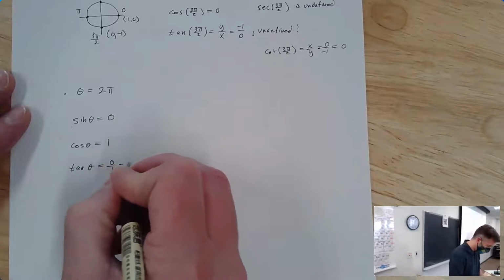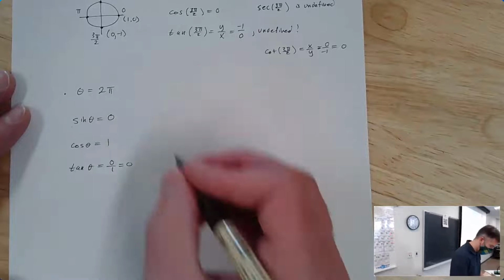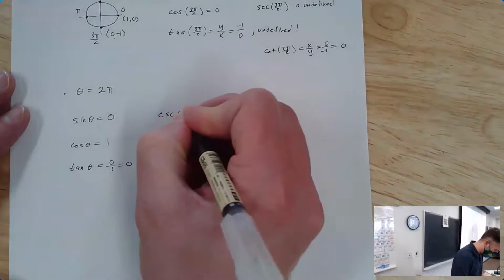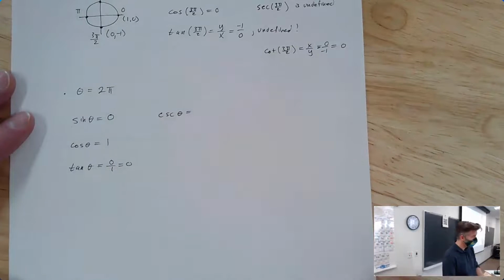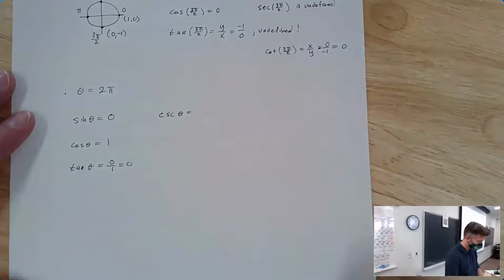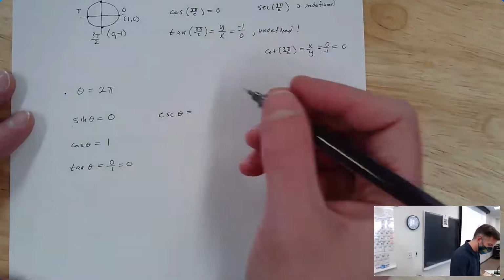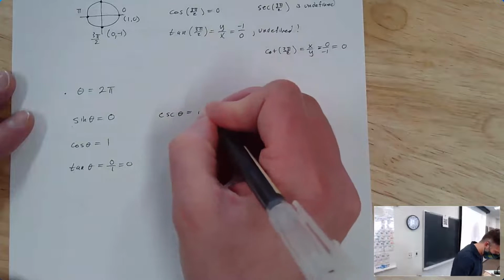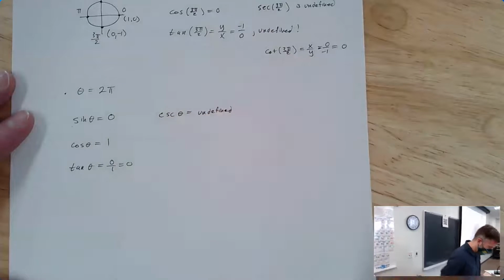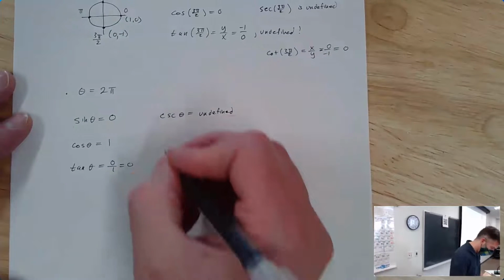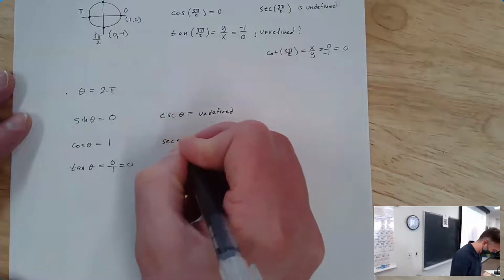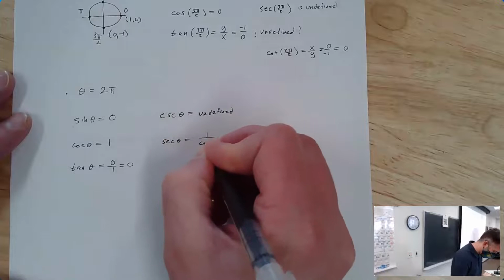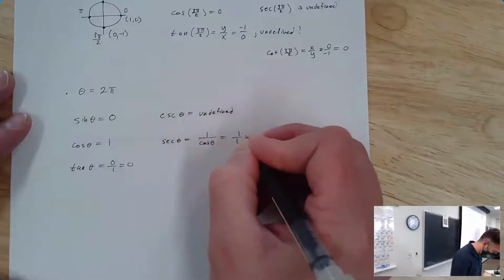Thank you, which is 0. All right, and then cosecant of theta is going to be 1 over 0, which is undefined. I usually don't like to write equals undefined, but it's not terrible. I would write "is undefined." And secant of theta is the reciprocal of cosine, which is going to be 1 over 1, which is 1.